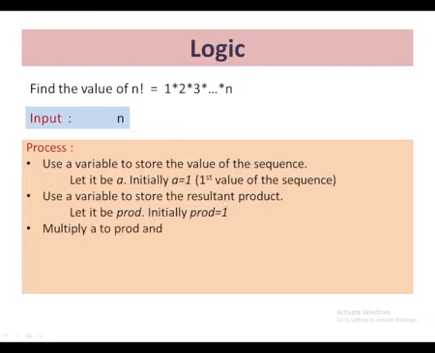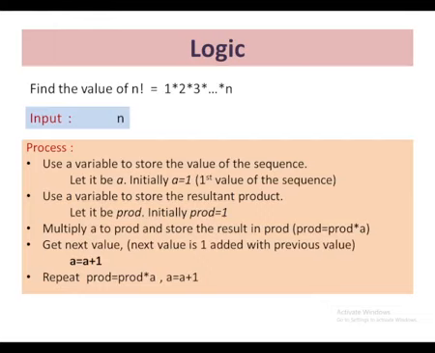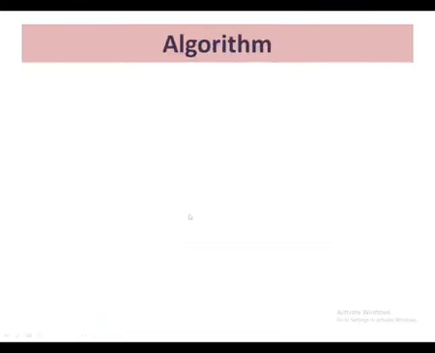Next, I multiply a to the product and store the result in the product: product equals product into a, and get the next value, a equals a plus 1. Then you repeat these two steps until a is greater than n. So the final output will be available in the product.